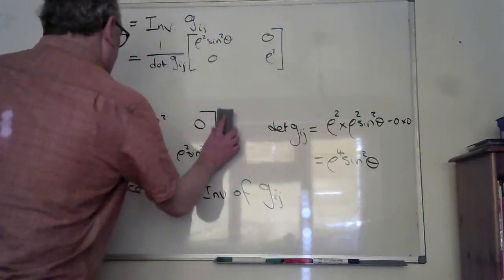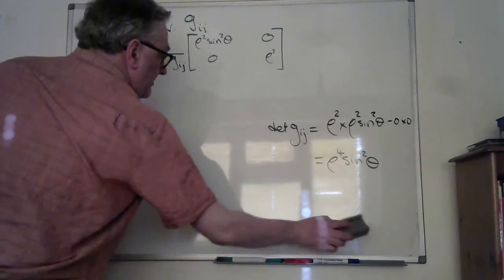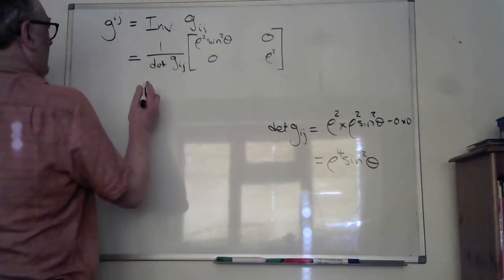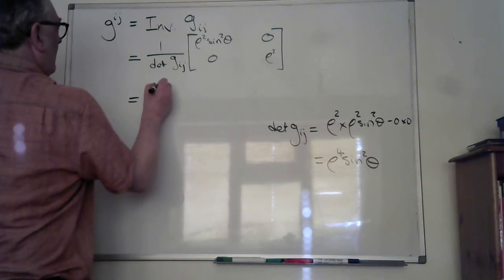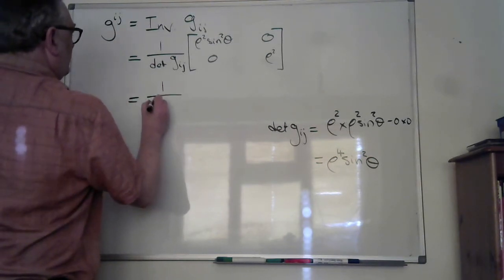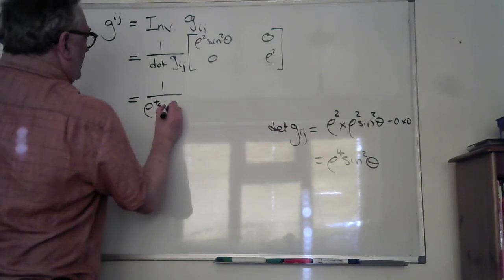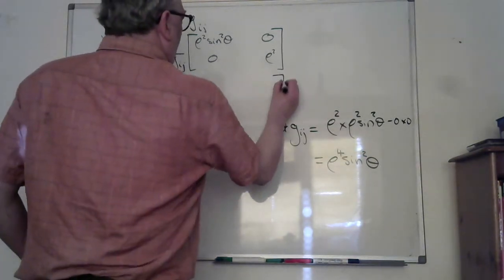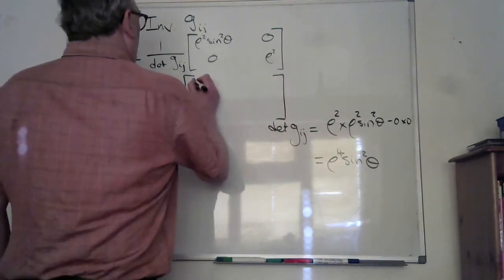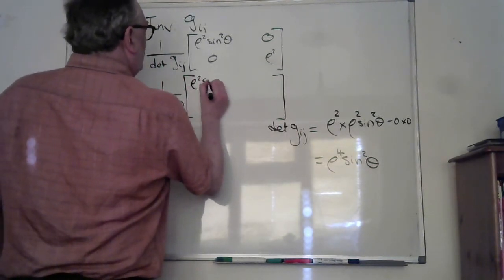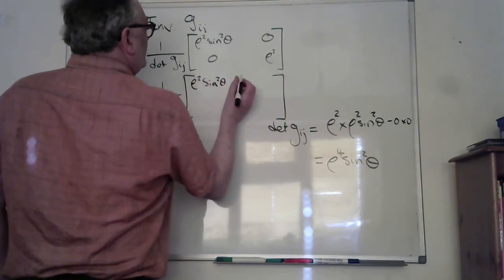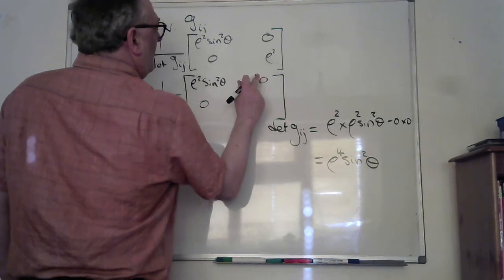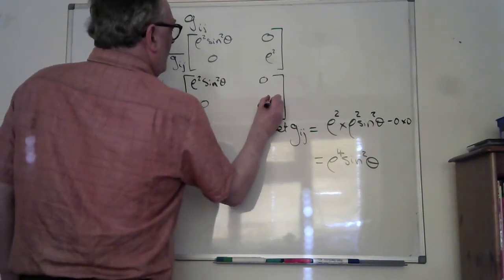And if I just rub that off the board, then we can do this calculation. So we've got 1 over rho to the 4 sine squared theta multiplied by the matrix: rho squared sine squared theta, 0, 0, and rho squared.